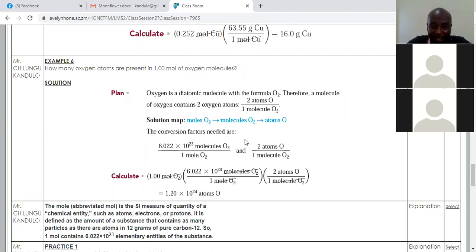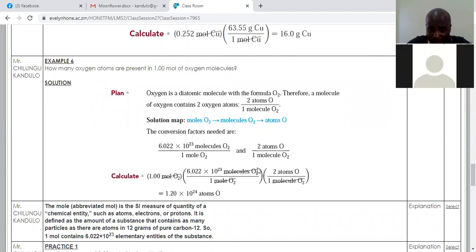The conversion factor is 1 mole of O2, corresponding to 6.022 times 10 to the power 23 molecules of oxygen.